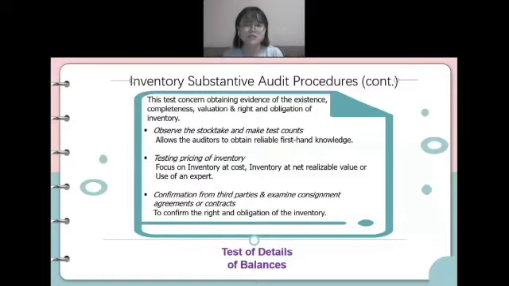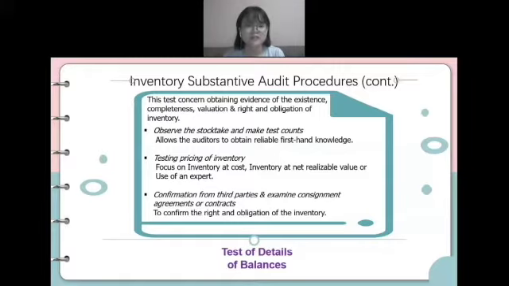And we also need to examine the purchase price to see whether it is the same as the price stated on the supplier's invoice. If the client is using the net realizable value method, then we need to use other procedures to test it.